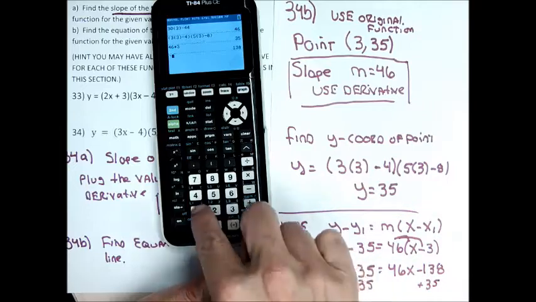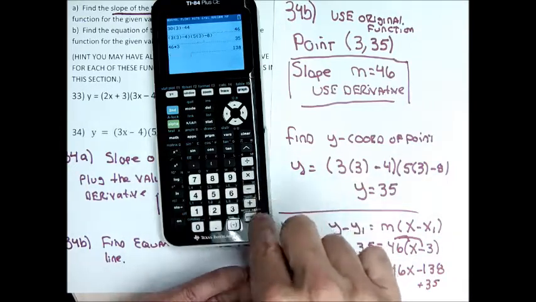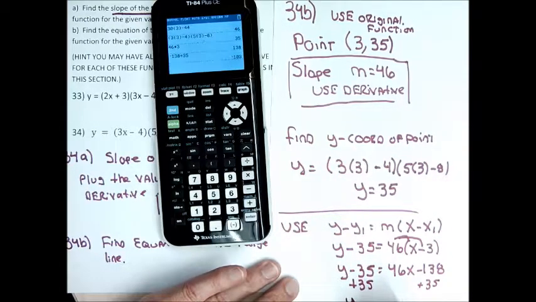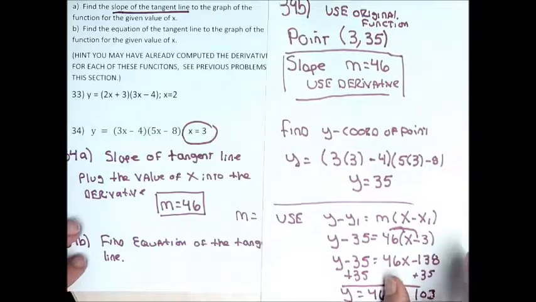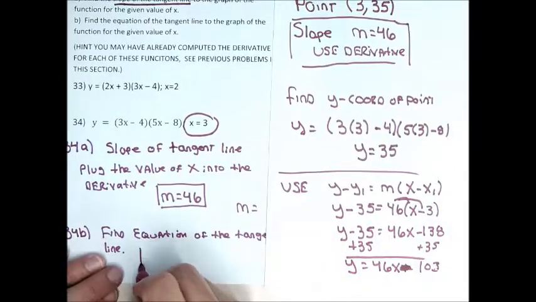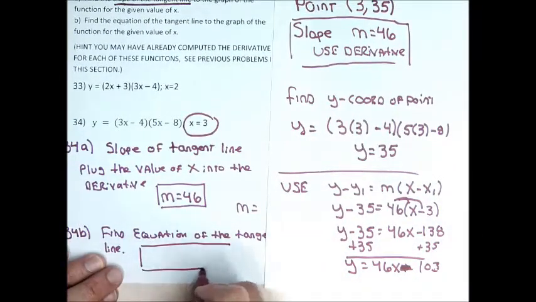I'm going to go minus 138 plus 35, and get y equals 46x minus 103. And that's going to be the answer to part B. So for my part B, is that readable? I'm going to say the answer is y equals 46x minus 103.